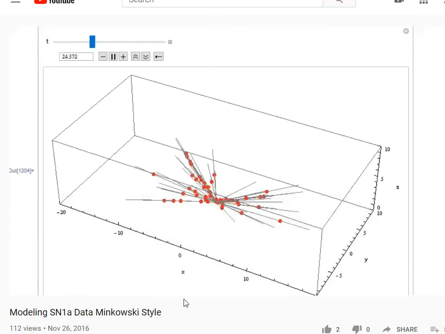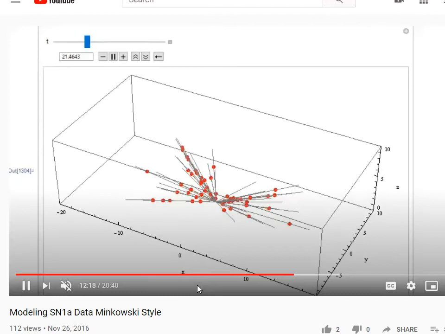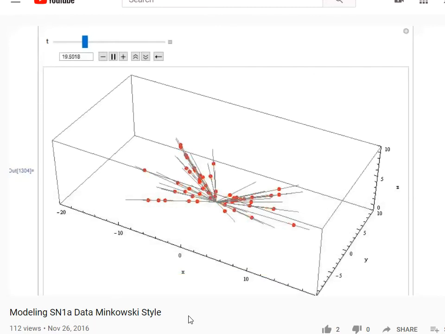Anyway, this goes on for a while. I think there may be a clump of them right about there. What Hubble's law would resemble in this diagram is if all of the red dots came out from the center simultaneously.